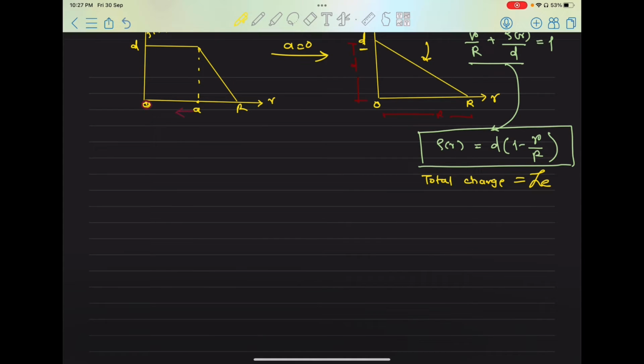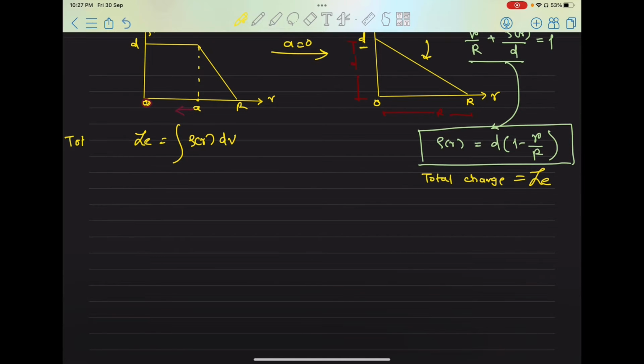The formula for total charge is nothing but the integration over charge density times dV. dV is a small volume. Okay, this is how we calculate the total charge, right? We integrate charge density over the volume of the charge distribution.